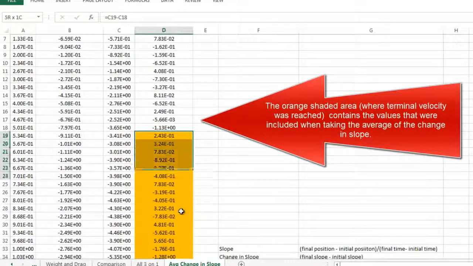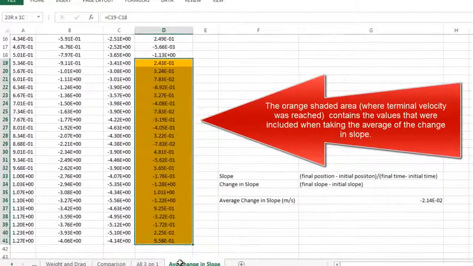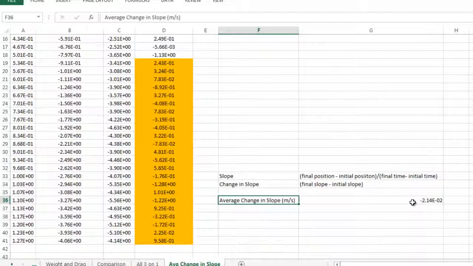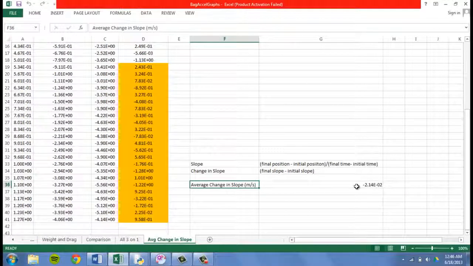Then I took a few of the values from the change in slope and averaged them because I thought they made up where terminal velocity was. The average change in slope was found to be 0.002 meters per second, or negative in this case because it was going downward. If I had dropped the bag from a higher point, I'm sure I could have gotten even lower numbers, to a point where the change in velocity would be zero, meaning terminal velocity was reached.